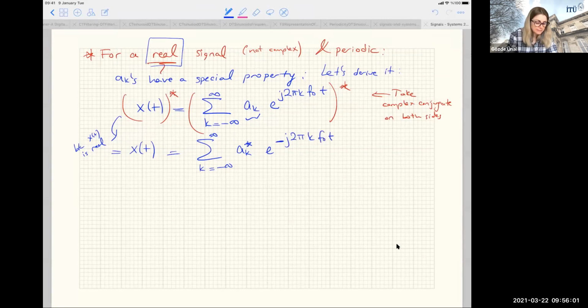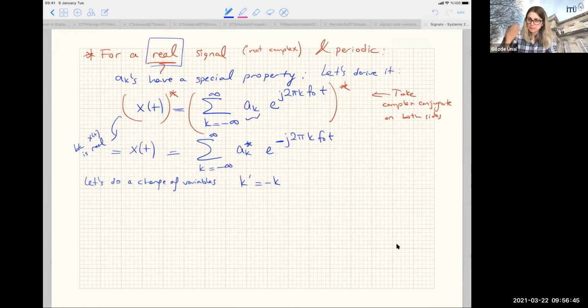I hope this is clear, guys. Now, this is my x of t, e to the minus j. Great. So now let's do a change of variables. Let's say k prime is minus k, because the sum will not be affected. When I replace k by minus k, because I'm summing from minus infinity to infinity, this should not be a problem.